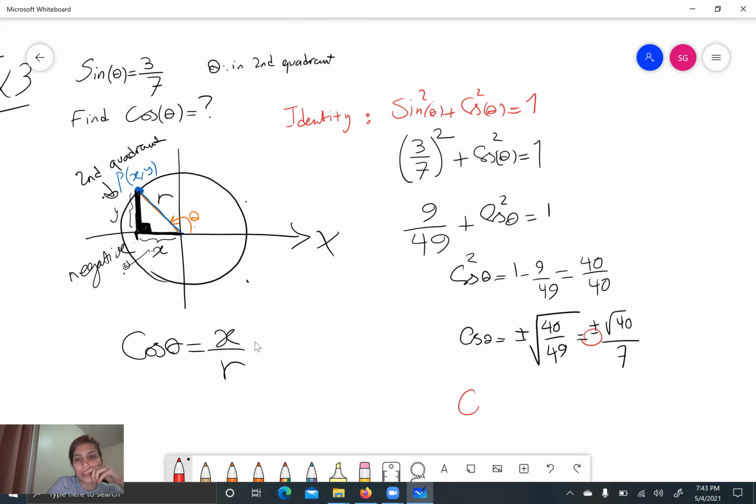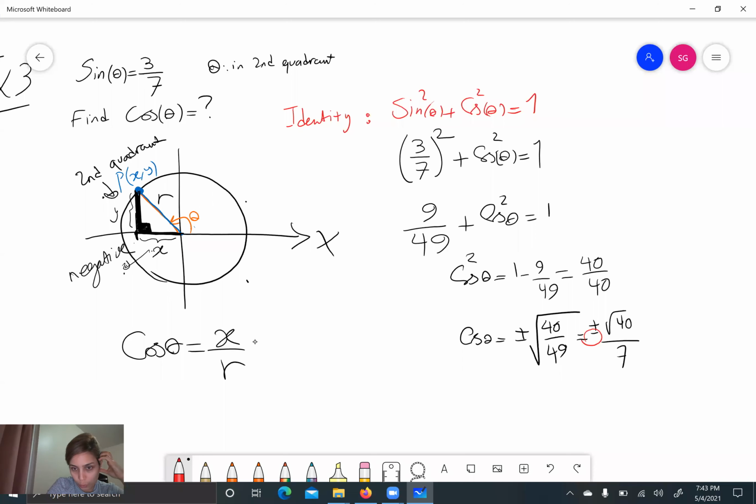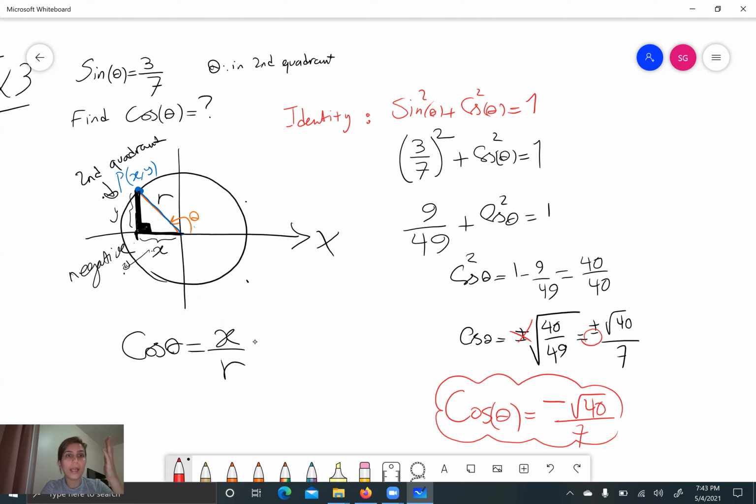So cosine of theta in this question is negative square root of 40/7. It's not the positive one. Why? Because the question says theta is in the second quadrant.